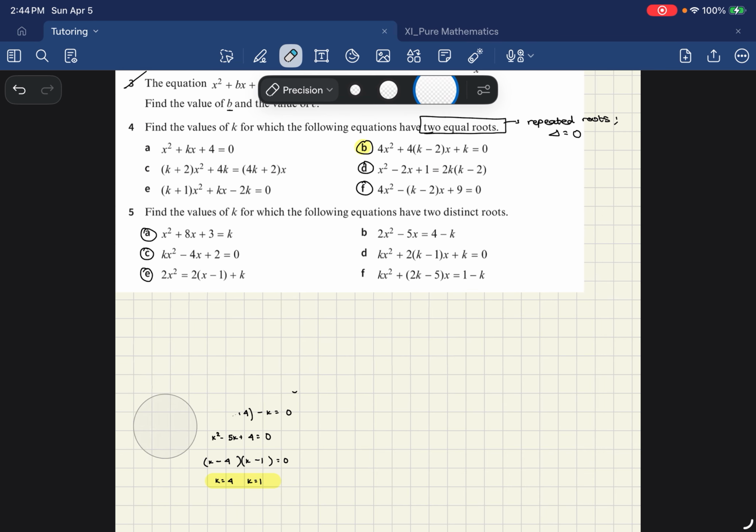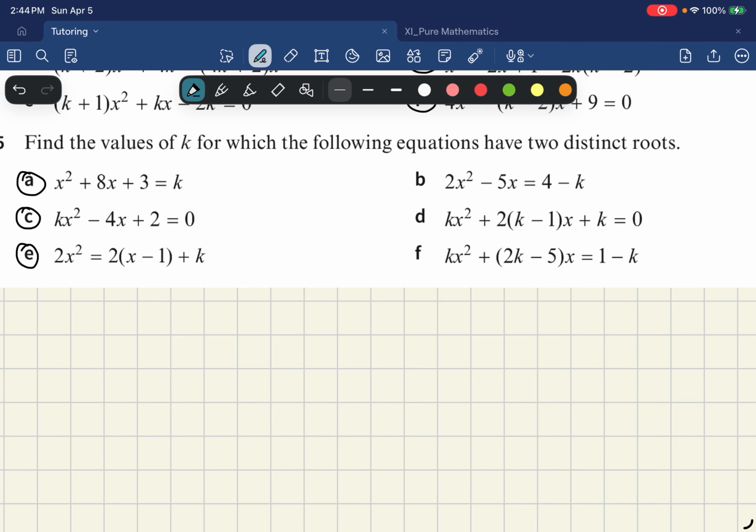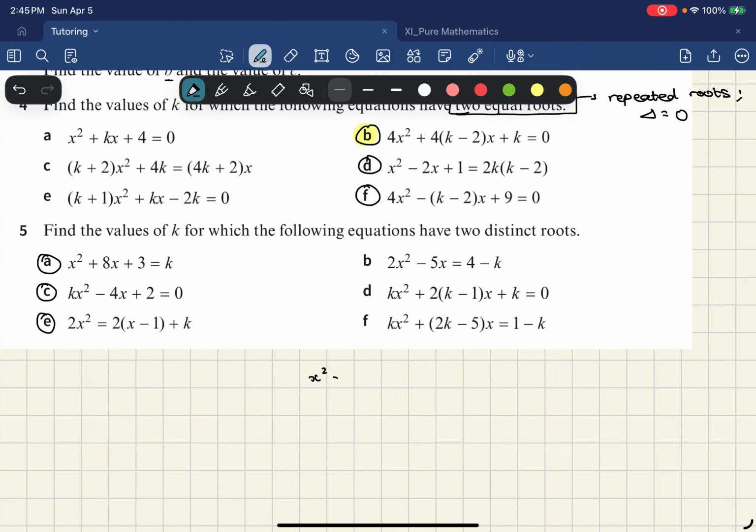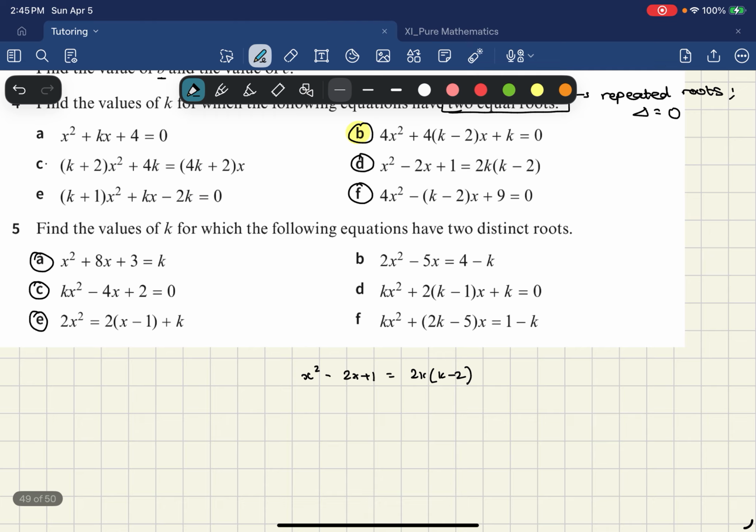All right. So we'll use the same idea again. For d, we have x squared minus 2x plus 1 is equal to 2k, k minus 2, right? So I'll leave a, c, and e. The idea is the same. B squared minus 4ac has to be equal to 0.